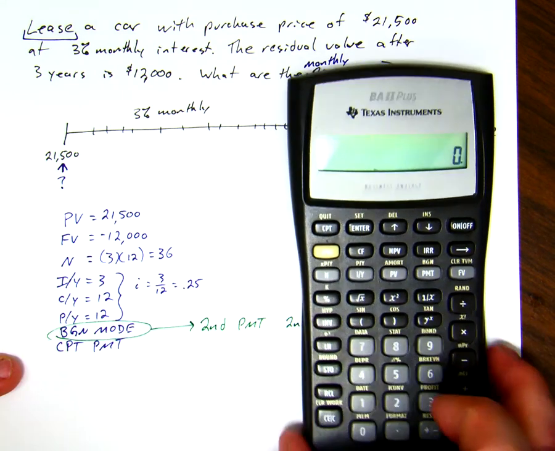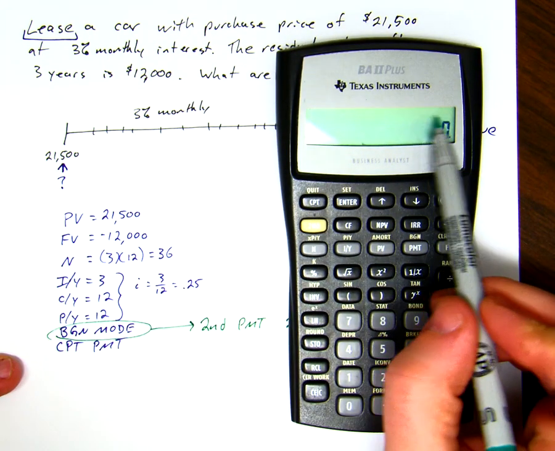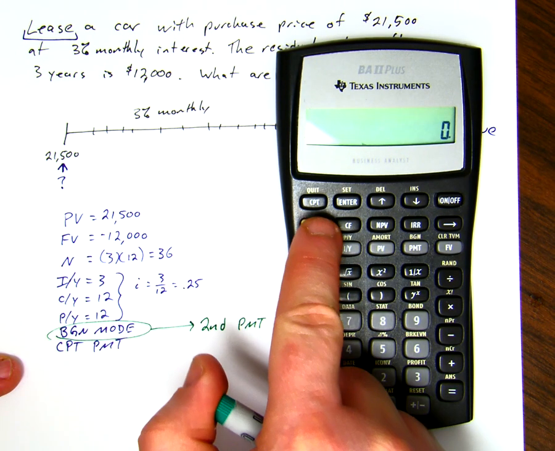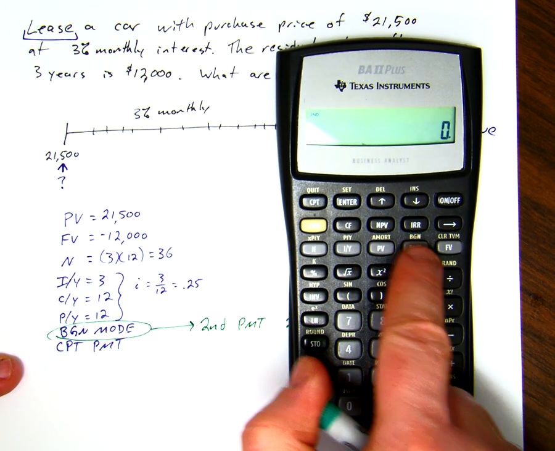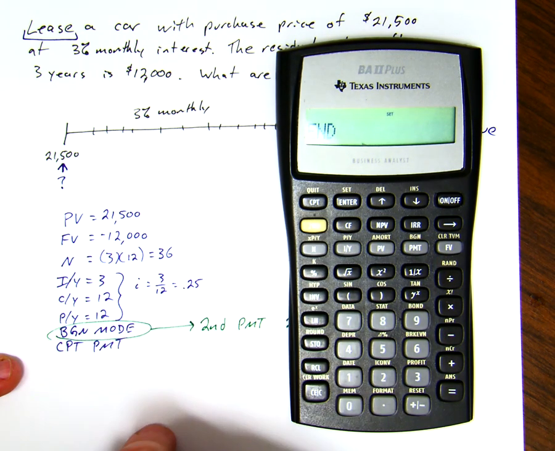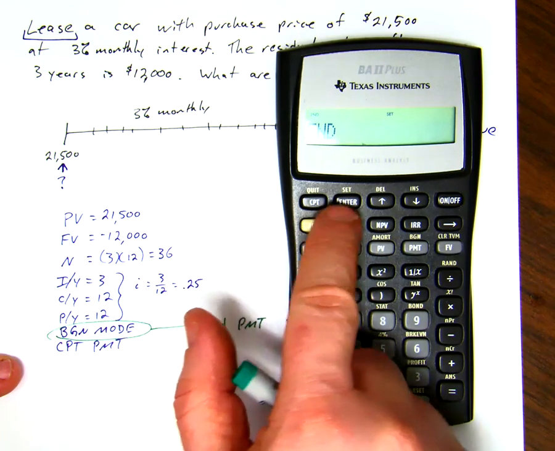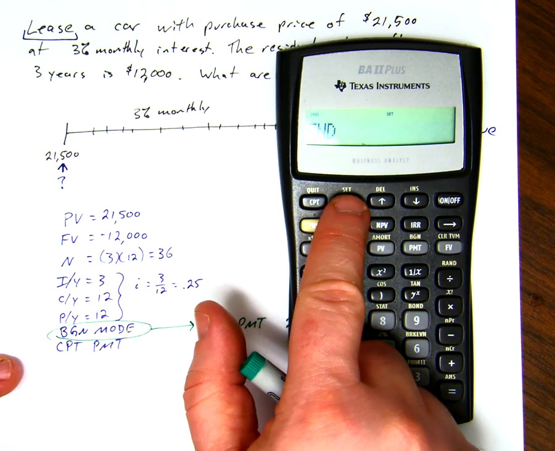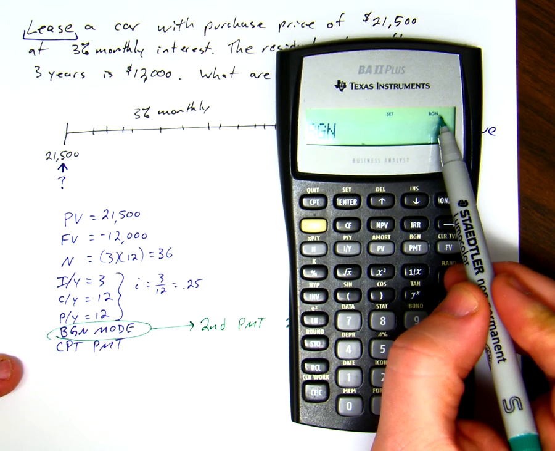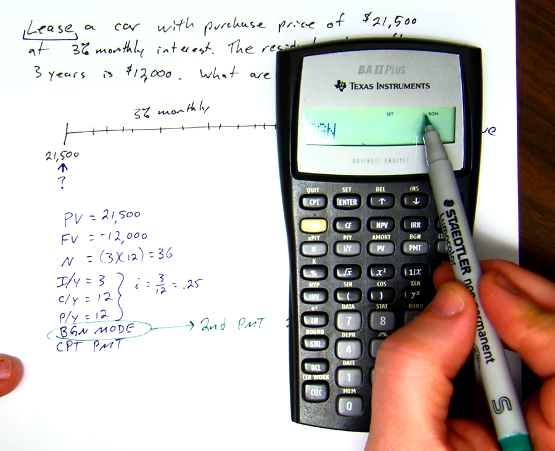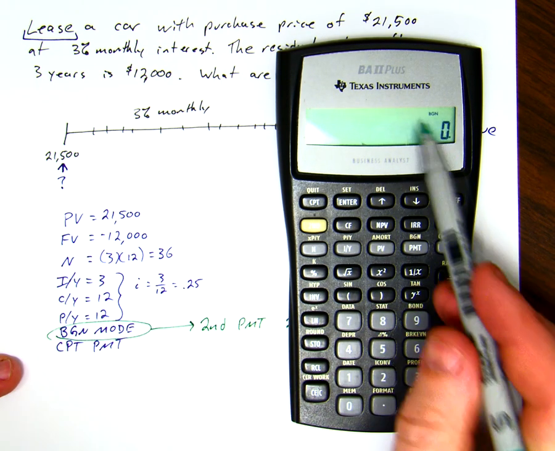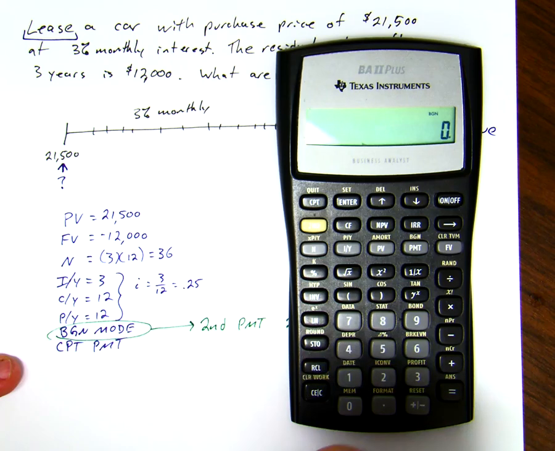If I take a look at my calculator, I don't have any labels up here, so I'm in end mode. If I go second function BGN, right now it says end. If I now go second function set, which is the enter key, it'll now say BGN, and we'll also get a little BGN at the top. I now know this is BGN mode.